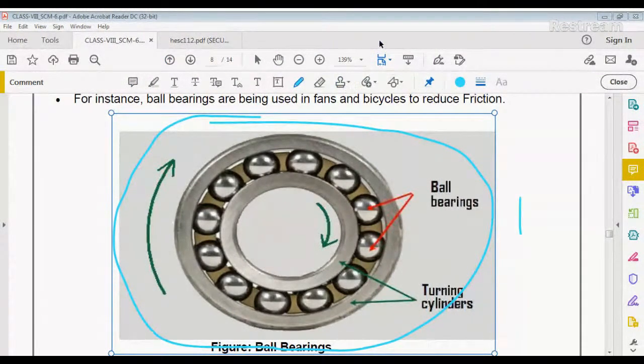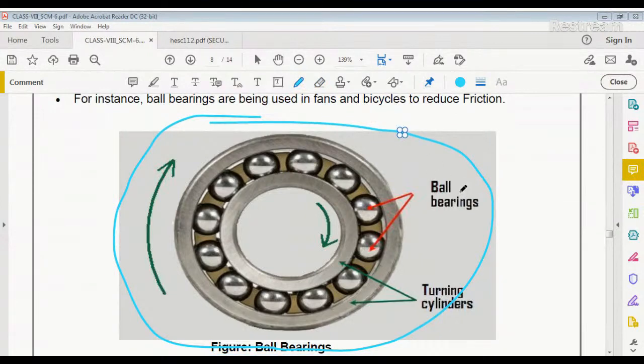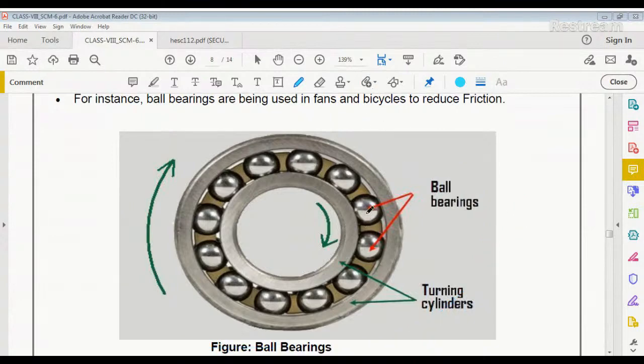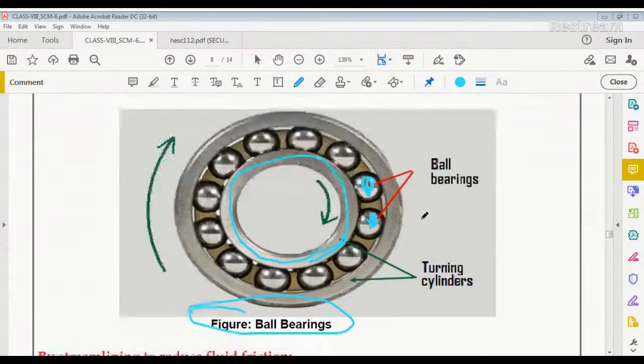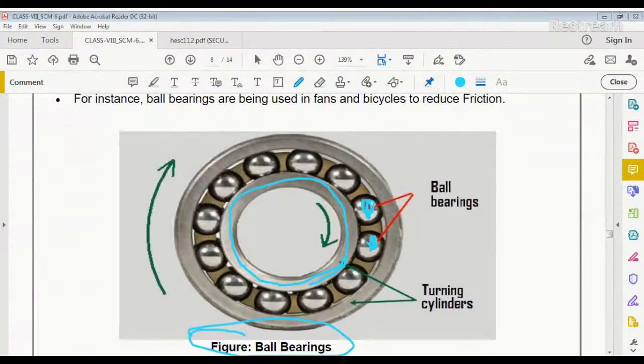These small parts are the ball bearings, and these are the turning cylinders. So this is what we call ball bearings.